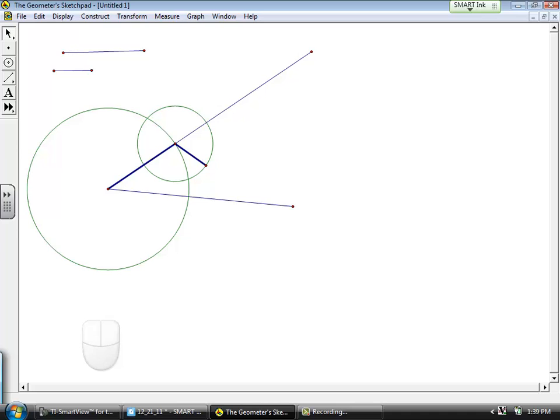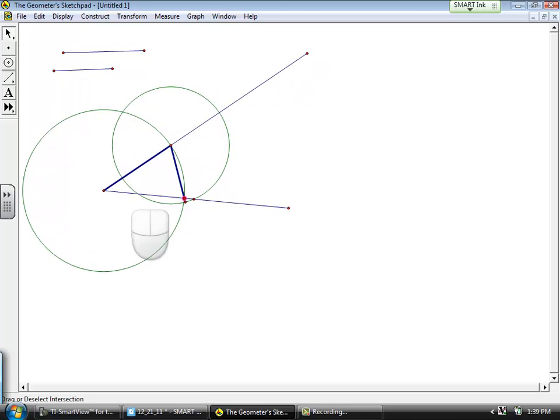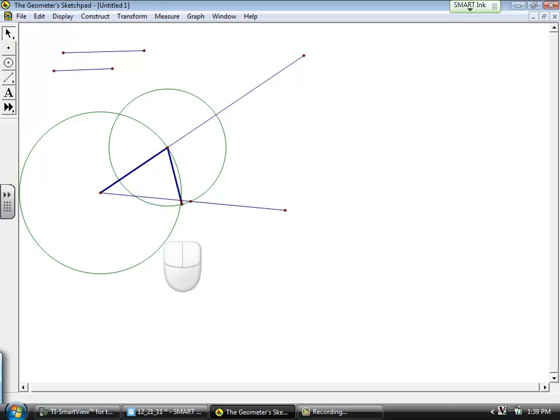So now, I need to make this side longer in order for that circle to intersect that side. So when I make it longer, then we have a triangle that has a side, and this specific angle.